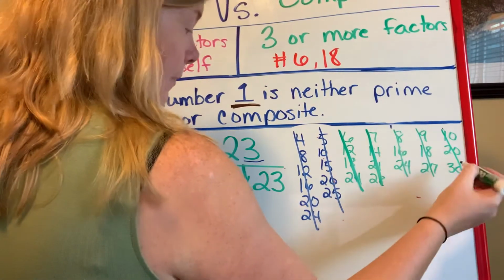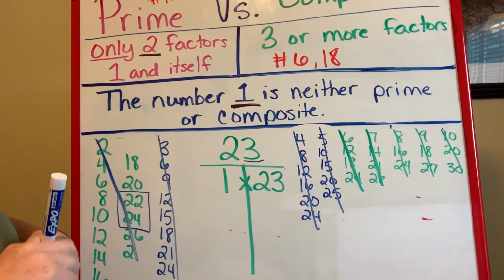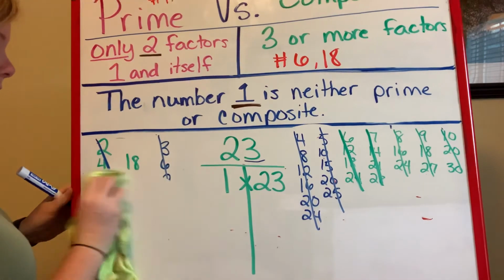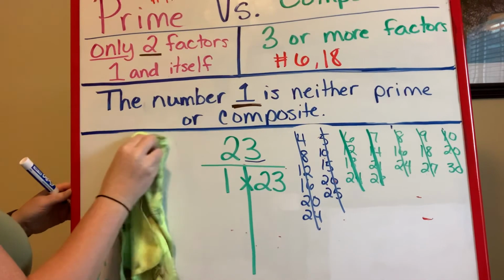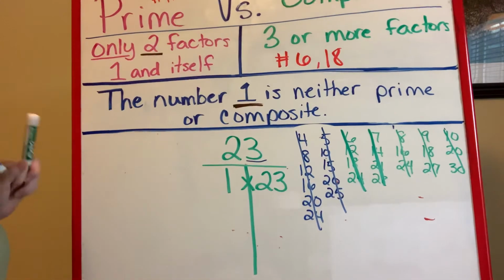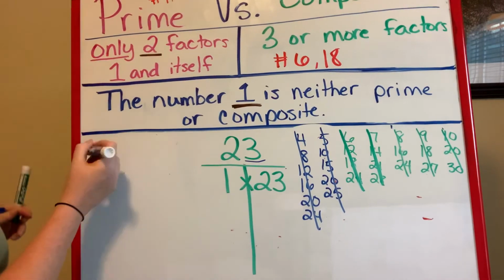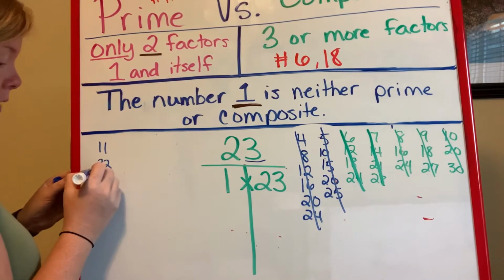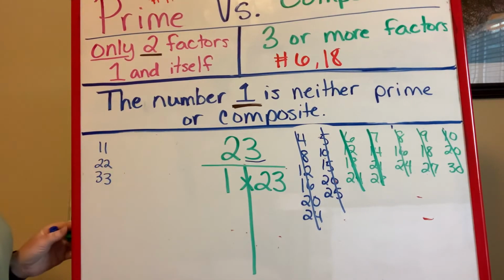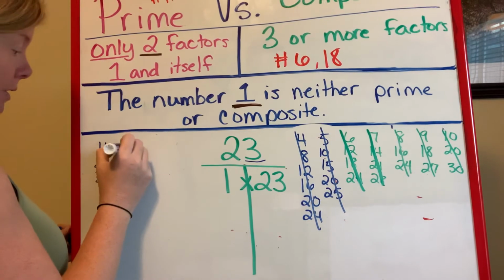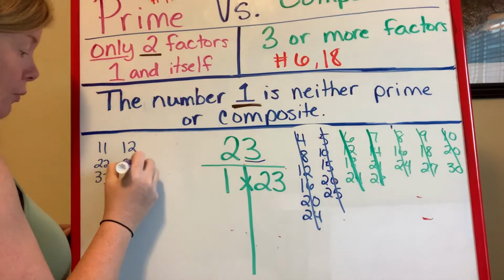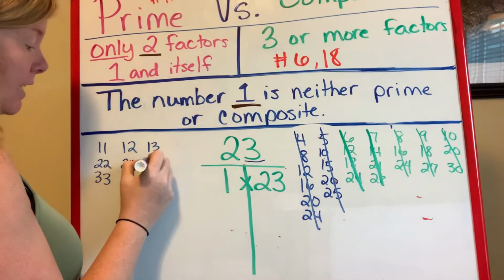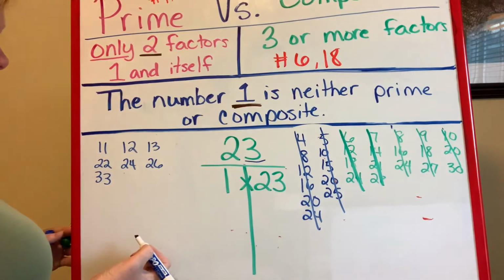Nope. Let's test some more. So we've tested all the way through 10 and nothing has worked so far. All right. 11, 22, 33. Nope. 12, 24. Nope. 13, 26.